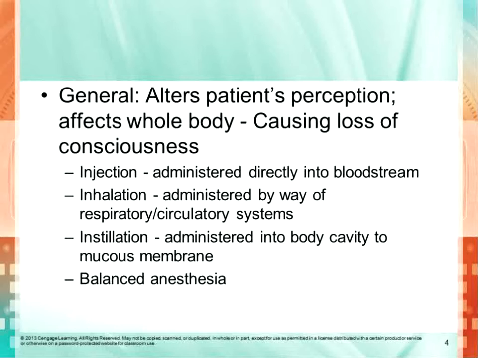You have injection, and when they do it through injection, they're doing it through your bloodstream. When you're doing inhalation, you're breathing in through the respiratory and circulatory systems, and then instillation is through a body cavity to a mucous membrane. You also have what we call balanced anesthesia, when they're using a combination of the three we just talked about.